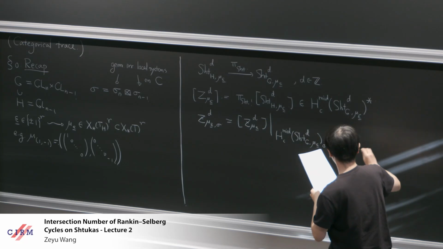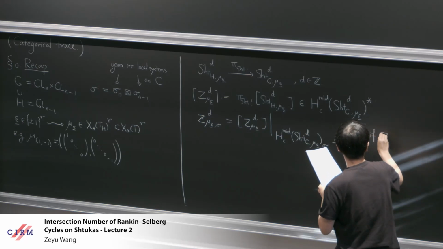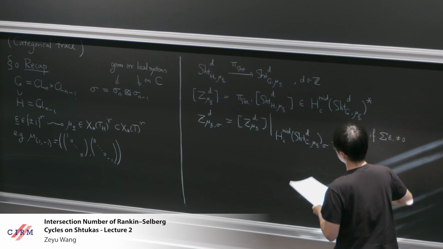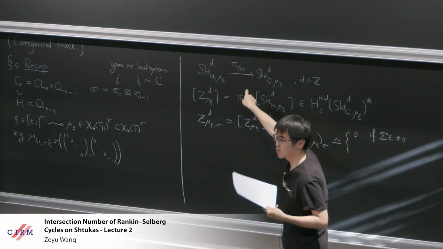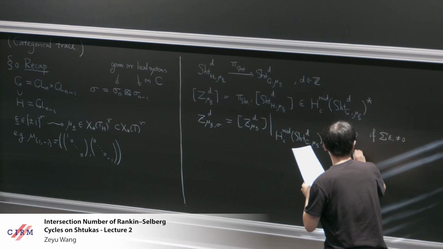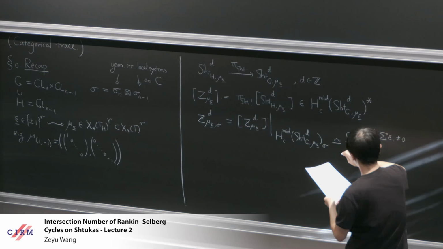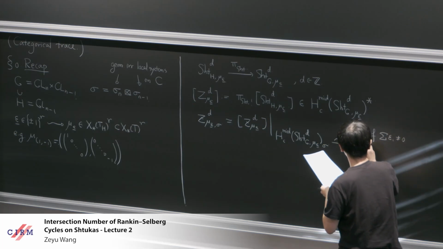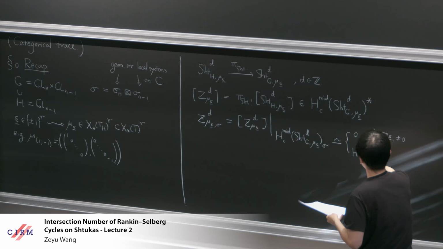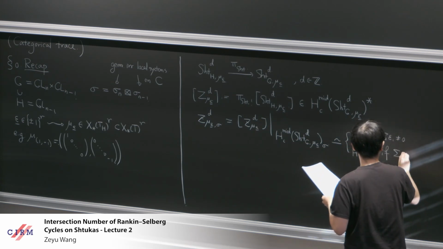So say for example, it's just a zero vector space if the sum of the signs is non-zero, because in this case this Shtukas moduli space is empty, and it's the cohomology of the local system, but some tensor power of it if the sum of the signs is zero.